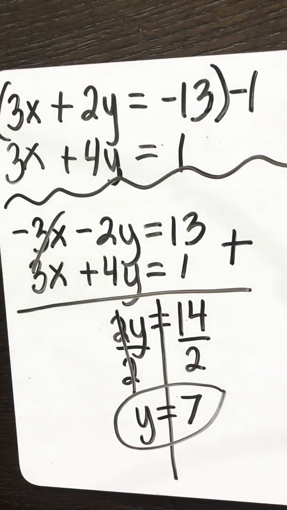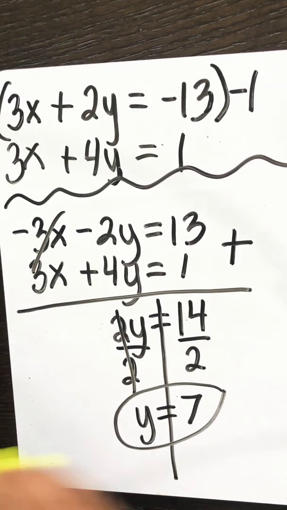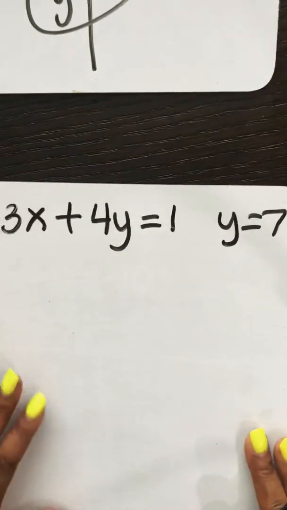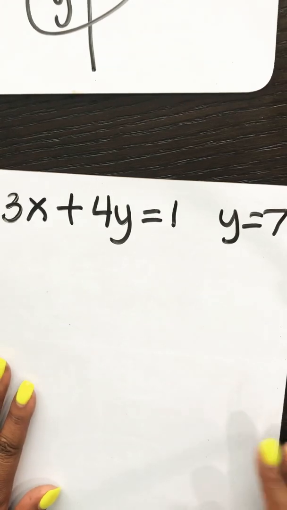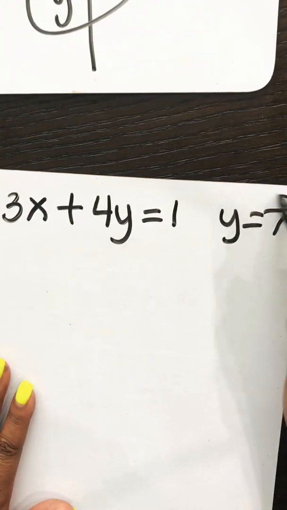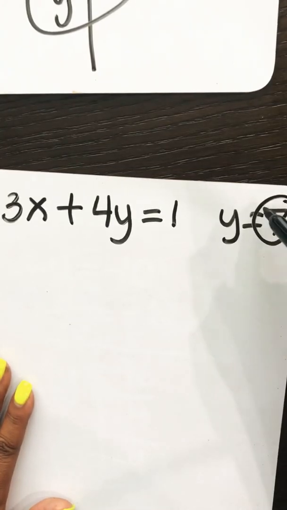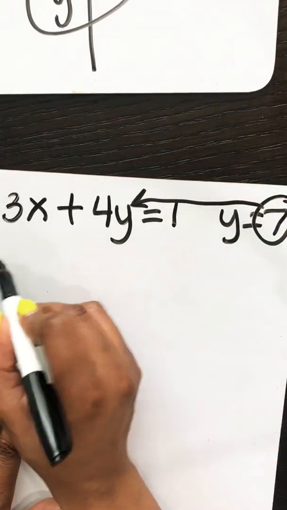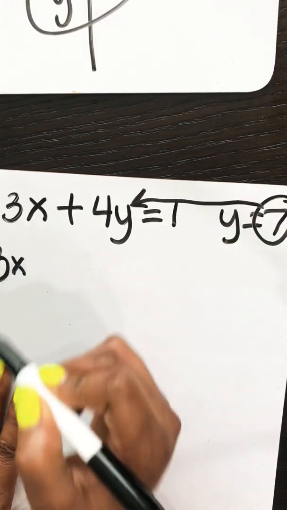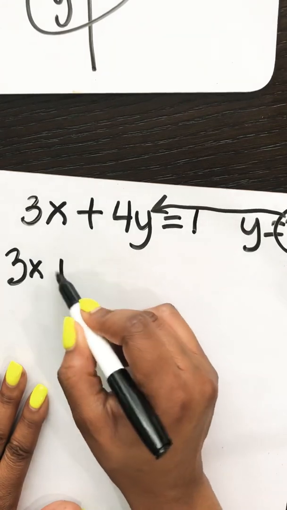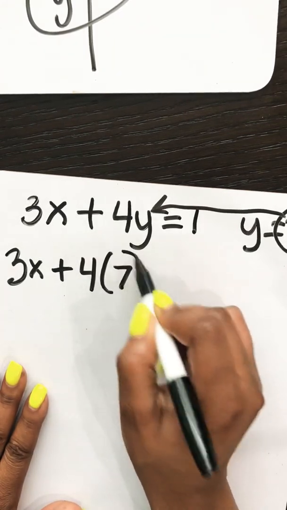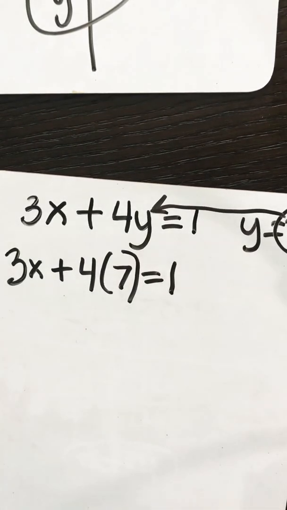So it's 3x plus 4y equals 1, and we said y equals 7. Okay, so I had it rewritten over here. I decided to use this equation. So that means I'm going to take 7 and I am going to substitute it for y. And so it would look like this. 3x plus 4 times 7 equals 1.